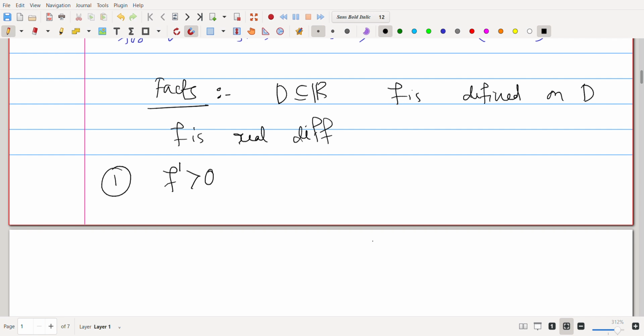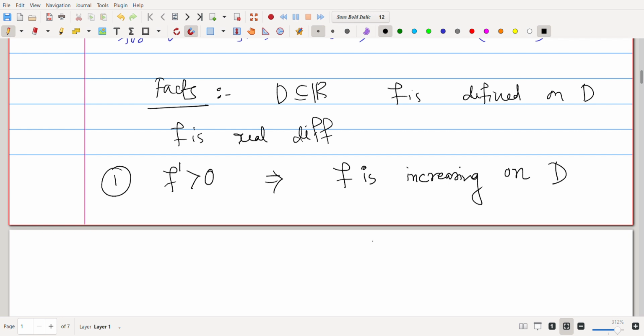That means f prime x is greater than 0 for all x belonging to D. Then f is increasing on D. So if f prime is greater than 0 for all x belonging to D, that will imply f is increasing on D.